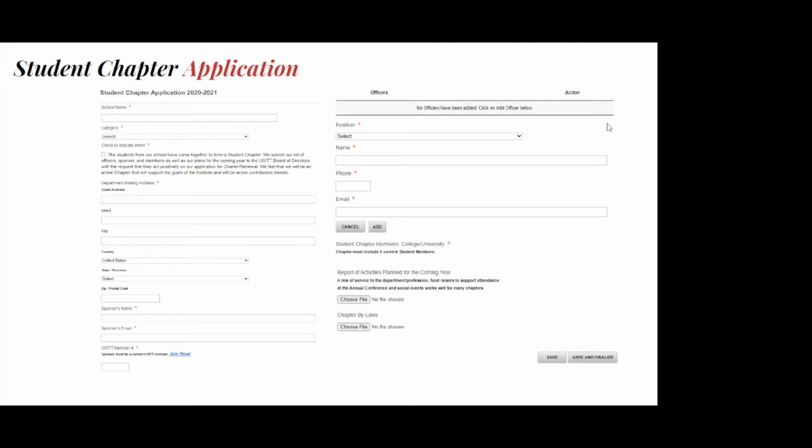And I think you have to write a quick blurb of what you are hoping to do that year. And I think you have to provide the members and their USITT ID numbers so we can verify that you have the correct number of people. And it's just that easy.